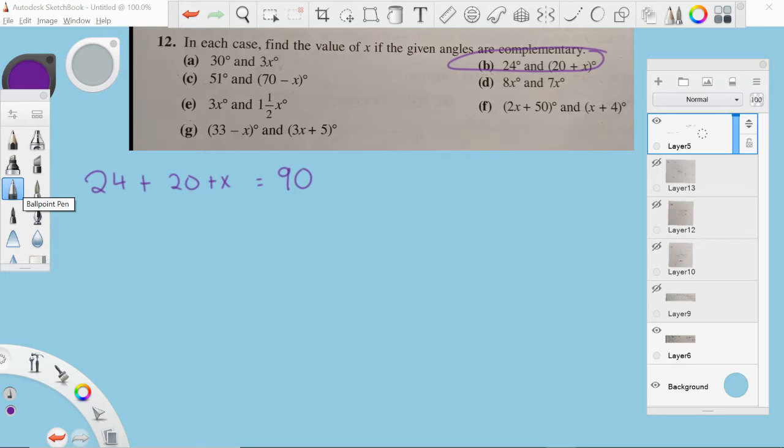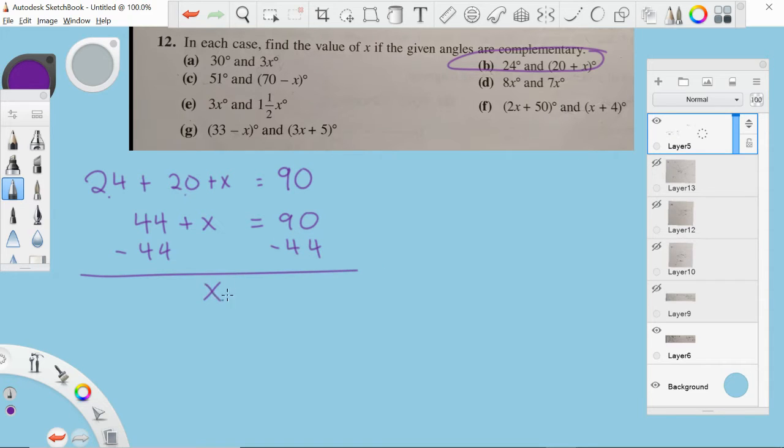I'll combine like terms first: 24 plus 20 is 44 plus x is equal to 90. Something plus 44 is equal to 90, so we subtract 44 from both sides of this equation to get the x by itself. That gives me x is equal to 46. 90 minus 44 is 46.